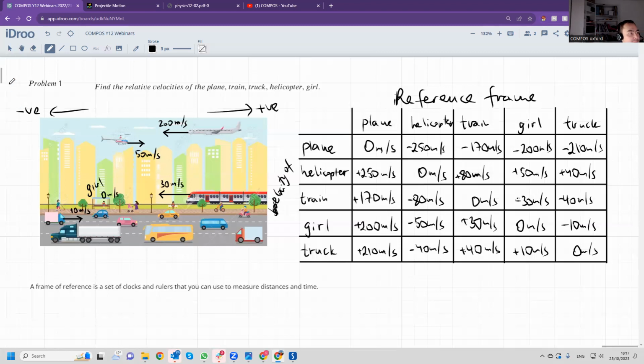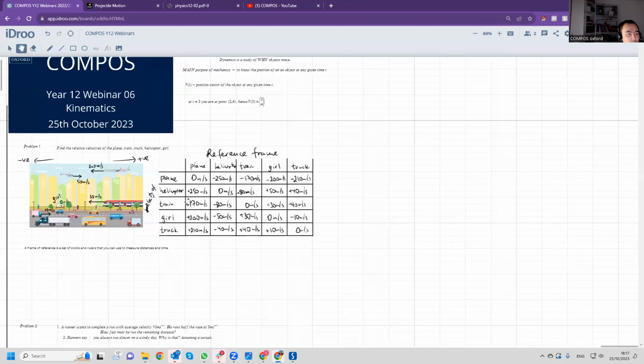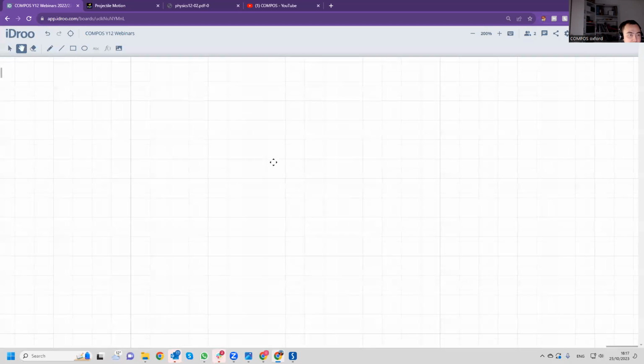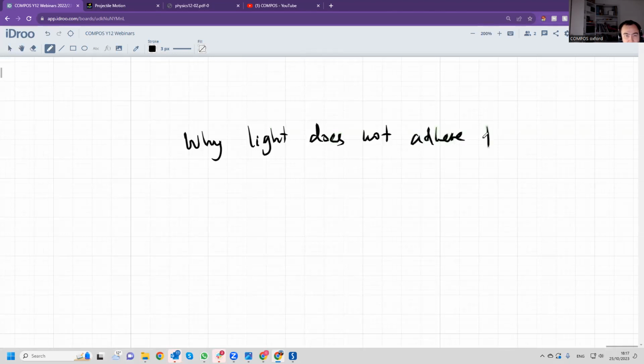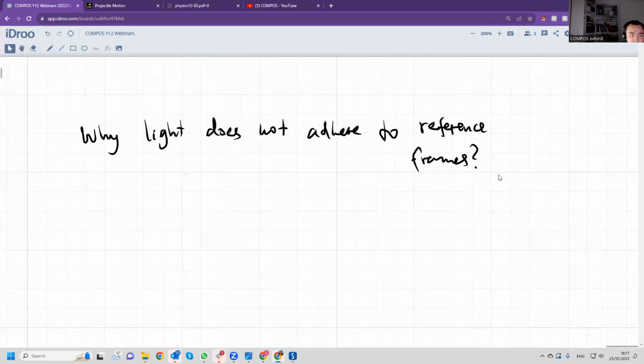This is why light does not adhere to reference frames. This is the first thing that came to my mind. I'm not saying that this is the definition, but this is how I understand it.